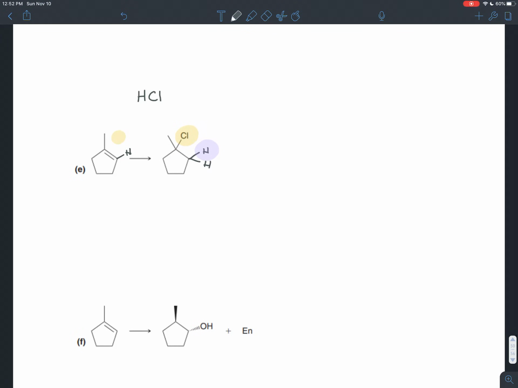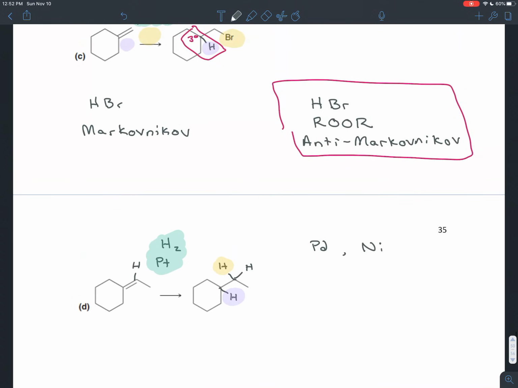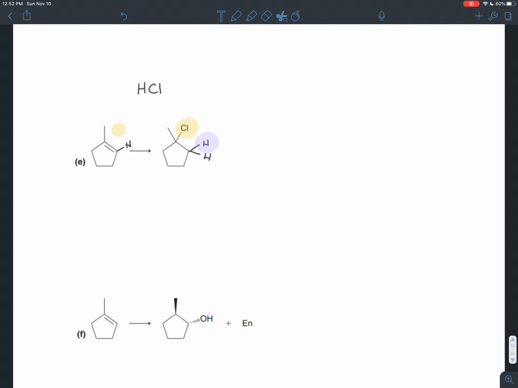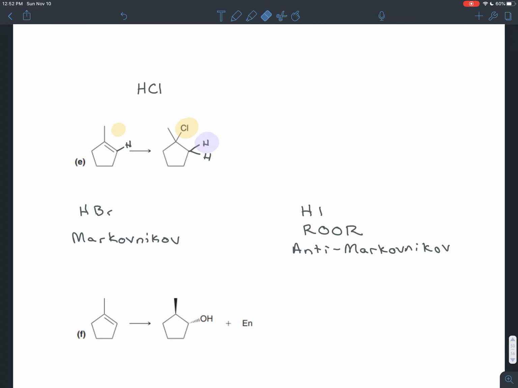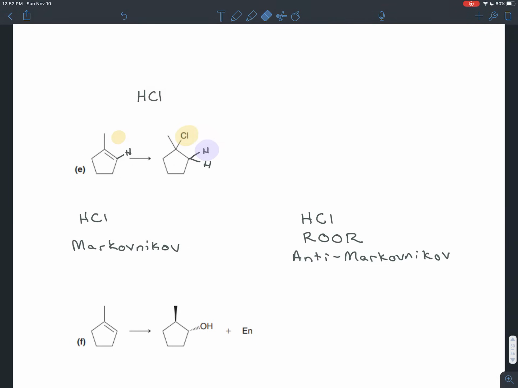The other thing that we want to consider is whether we have to use a peroxide or not. Now remember, if we do just a hydrogen and a halogen, then we get Markovnikov addition. If we do hydrogen, a halogen, and a peroxide, then we get anti-Markovnikov addition. So what happened here? Where did the hydrogen add? And here I'm going to erase the hydrogen that stays the same just so it doesn't distract us.